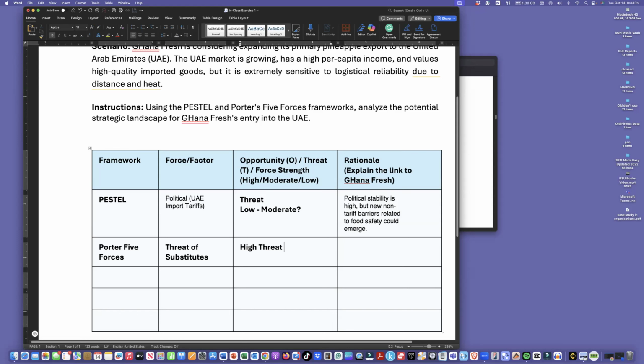But there is also the threat of substitutes, and that is high.